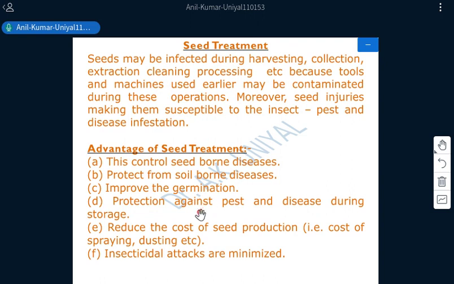The treatment also protects the seeds against pest and disease during storage. This seed treatment reduces the cost of seed production, that is the cost of spraying, dusting and various other things during the production of seed. Then it also minimizes insecticidal attacks on seed.